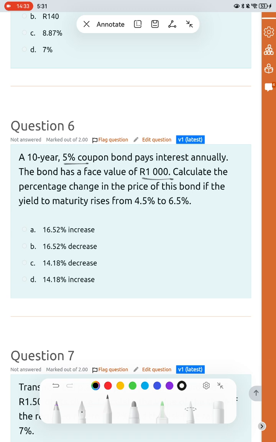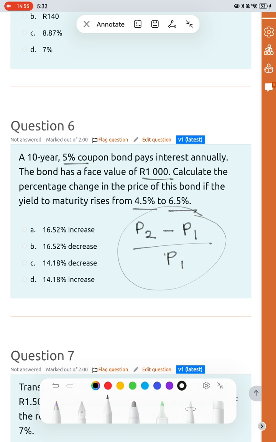Okay, it says calculate the percentage change in price of this bond if its yield to maturity rises from 4.5 to 6.5. So we're going to take P2 minus P1 over P1.